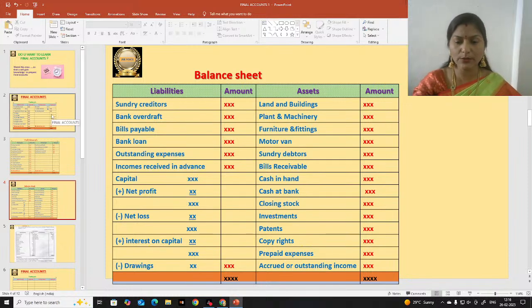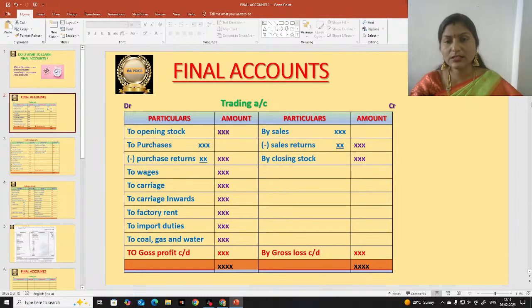Let me show all the pro formas one by one. This is the trading account format, and here I mentioned the minimum number of items you should remember while learning final accounts. There are so many other items also, but these are important items that I mentioned here. You should learn all these items compulsorily, then your solution becomes very simple and easy.